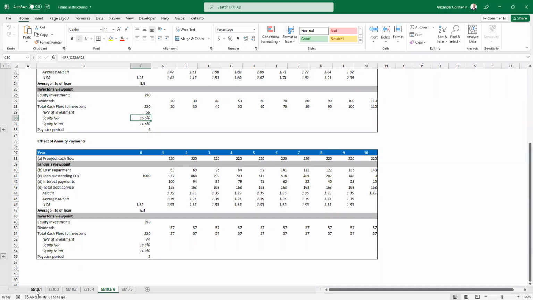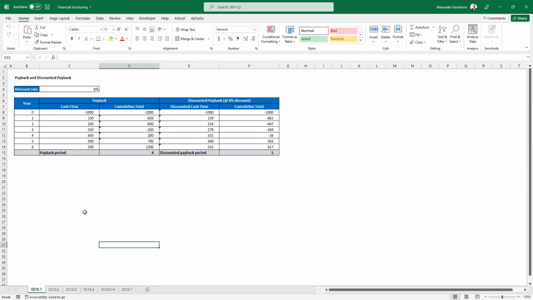We have this example, SAS 10.1. It gives an idea of both methods of calculation. For the payback period calculation, it can be seen that in year 4, the cumulative total of the cash flow becomes positive.